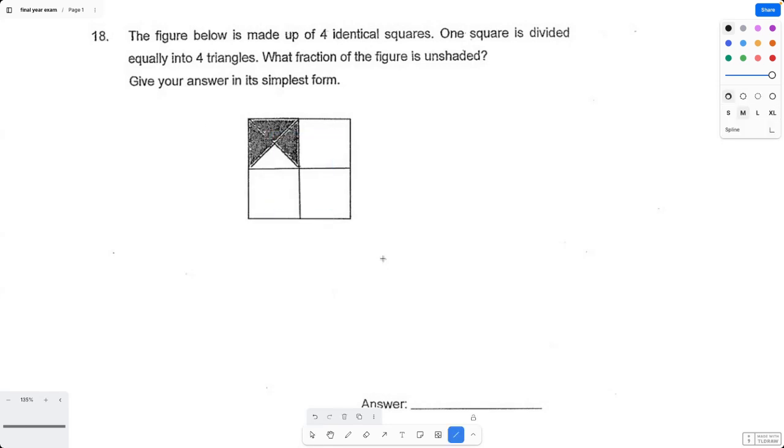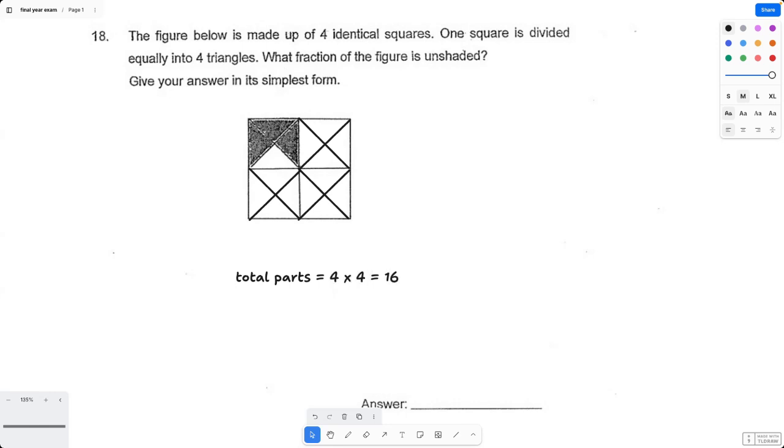Easier will be just putting the lines, as you see over here. Then I'm going to do the same with the rest of the squares. There you go. So now you can count. The total number of parts is 4 times 4, which is 16.